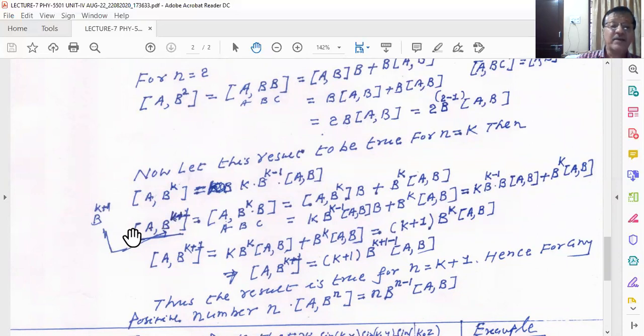Here I am writing B to the power of k plus 1, because I want to go beyond n equal to k. So I just take this term, A with B to the power of k plus 1. This is simply B to the power of k into B.